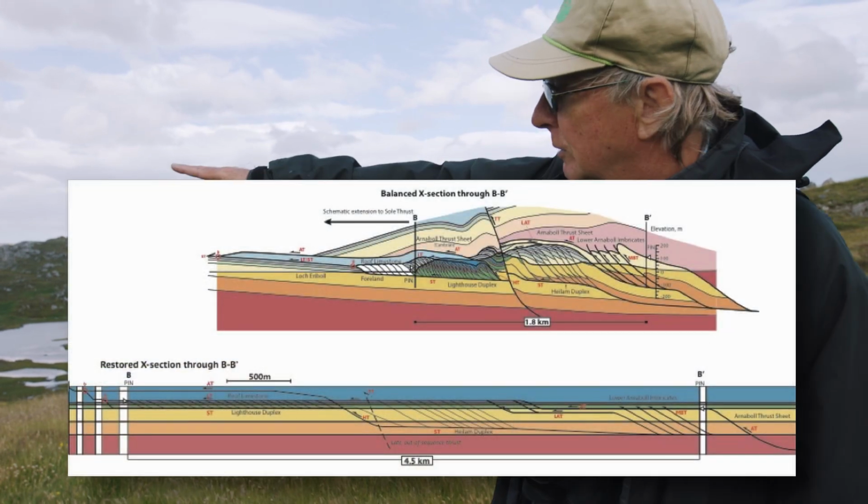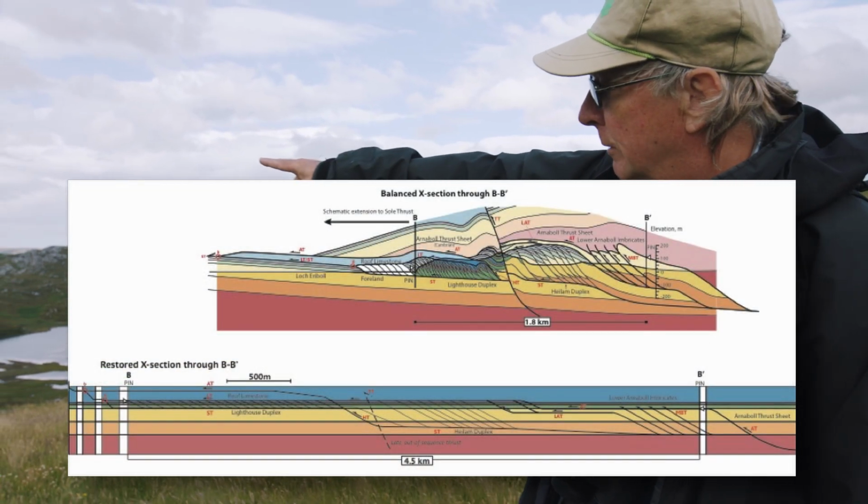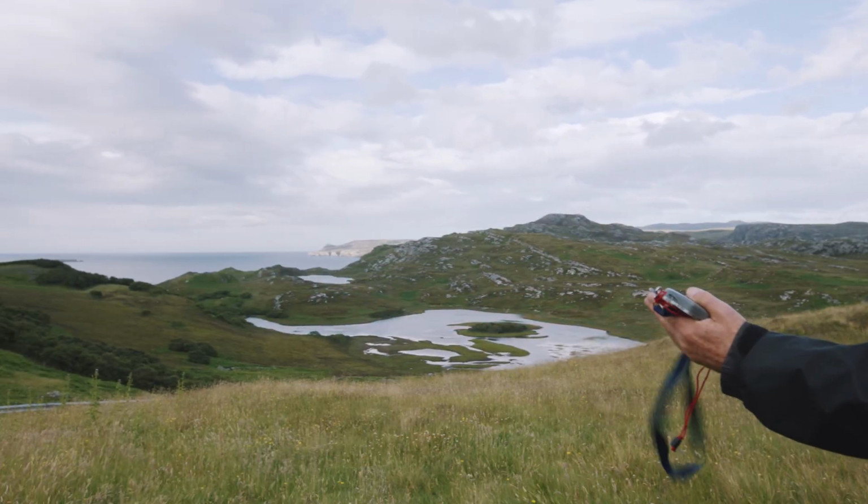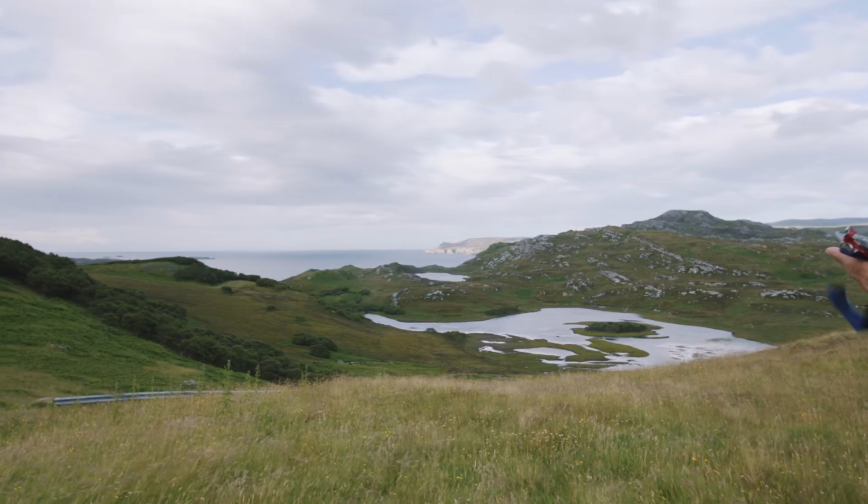The sole thrust runs out into the sea in Loch Eriboll over there. So this is a very nice section where the entire Moine thrust zone is condensed into one section.